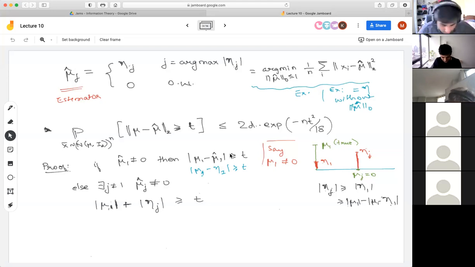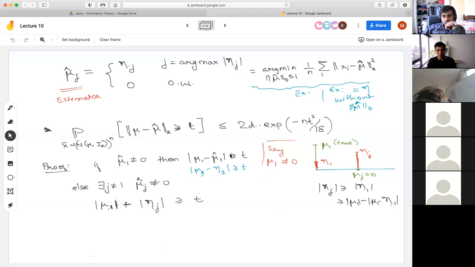Now it's a relatively simple argument. You just have to observe that, first of all, instead of writing the 2 norm, there are only 2 non-zero entries in this vector mu minus mu hat. There is at most 1 non-zero entry in mu and at most 1 in mu hat, or exactly 1, I guess.